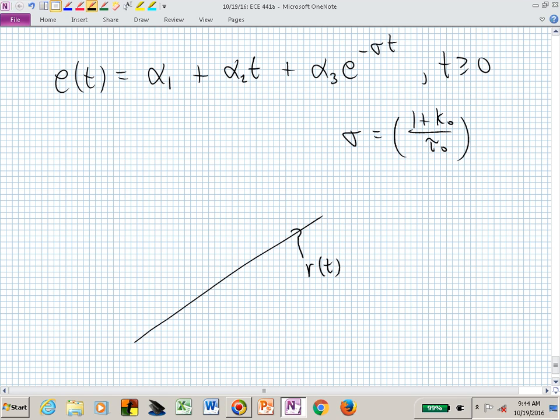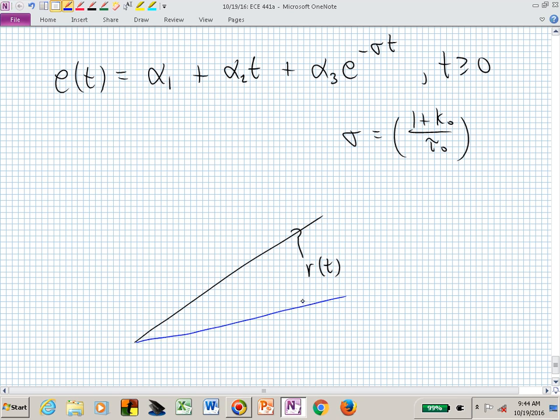But we actually have a constant offset of alpha 1, but we also have this alpha sub 2 of t in our error. So our output, let me exaggerate it a little bit more. It can't catch up, can it?